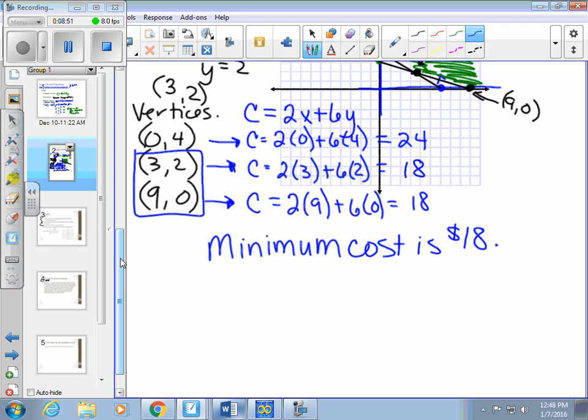And that this happens when 3 of x and 2 of y and 9 of x and 0 of y are produced.